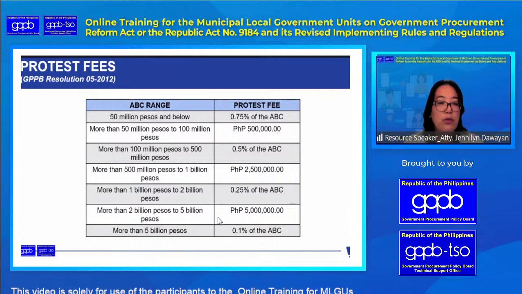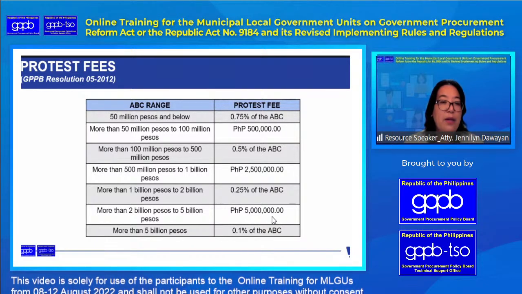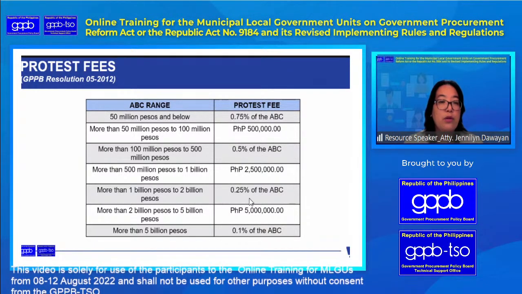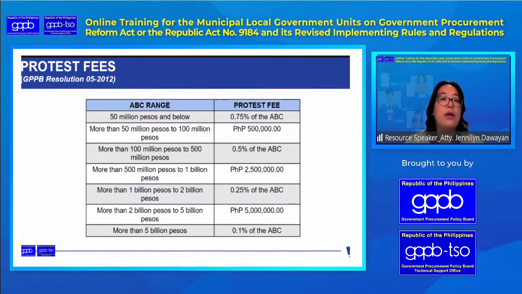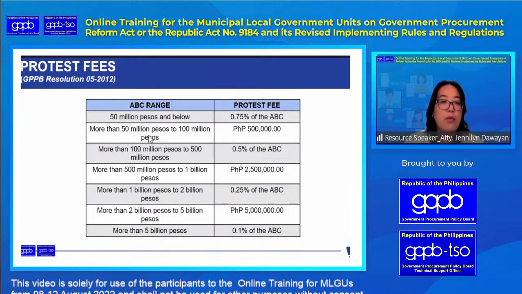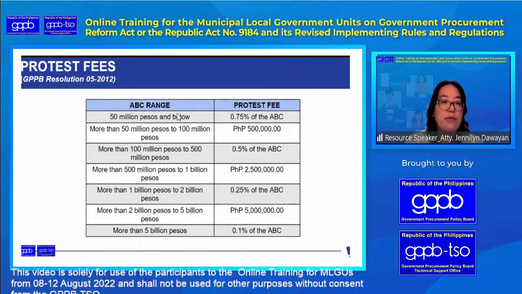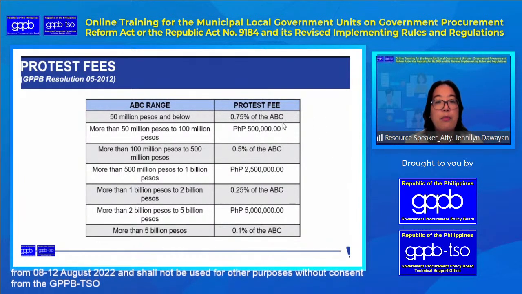More than 2 billion to 5 billion, 5 million pesos. 1 billion to 2 billion, the 0.25 of the ABC. 500 million to 1 billion, 2.5 million. 100 million to 500 million pesos, then 0.5% of the ABC. And then more than 50 million, 500,000, and 50 million and below, 0.75.